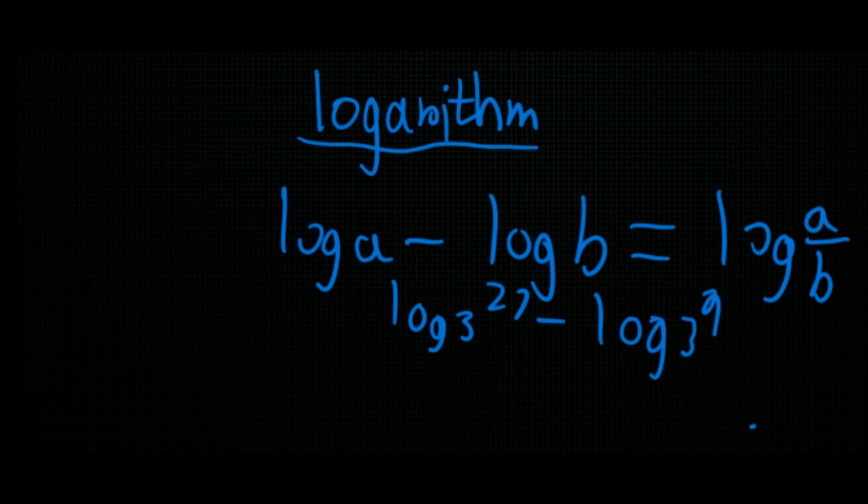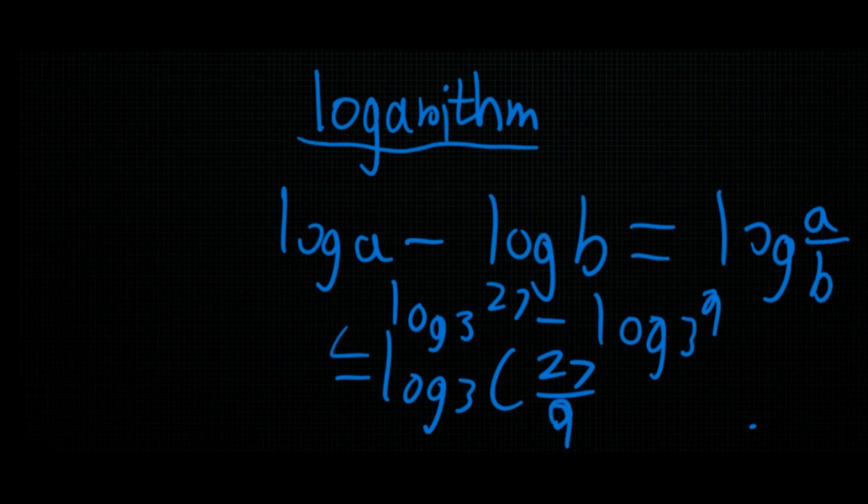The next thing you have to do is combine the logs and divide 27 by 9, which will be log base 3 of 27 divided by 9. Dividing 27 by 9 is equal to 3. So log base 3 of 3 is just 1 because 3 to the power of 1 is just 3.